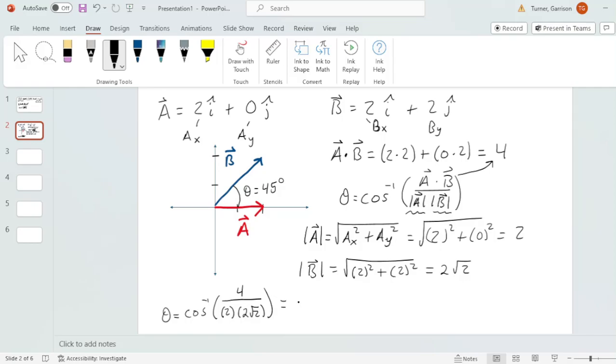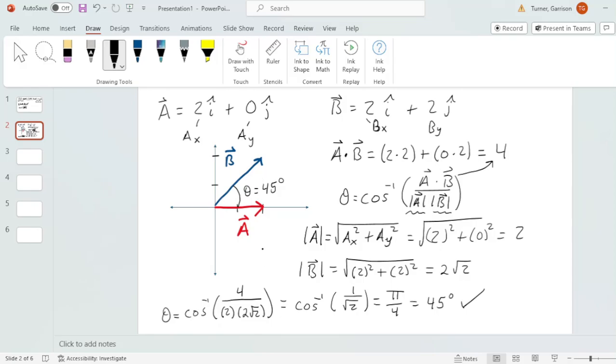And this is the same thing as the cos inverse of 1 over root 2. And indeed, that becomes pi over 4, which is 45 degrees, which agrees with our statement earlier that this should be a 45-degree angle.